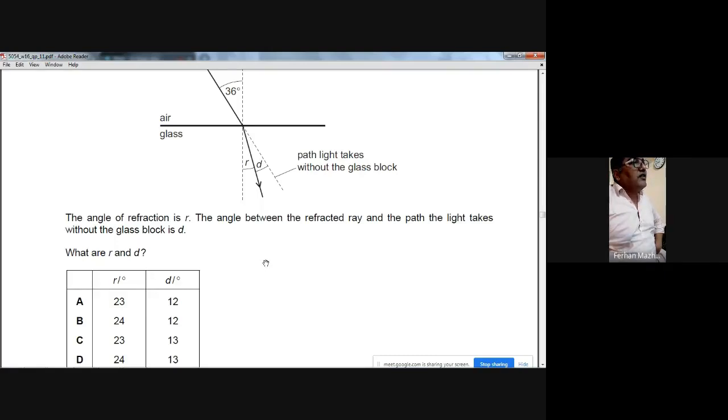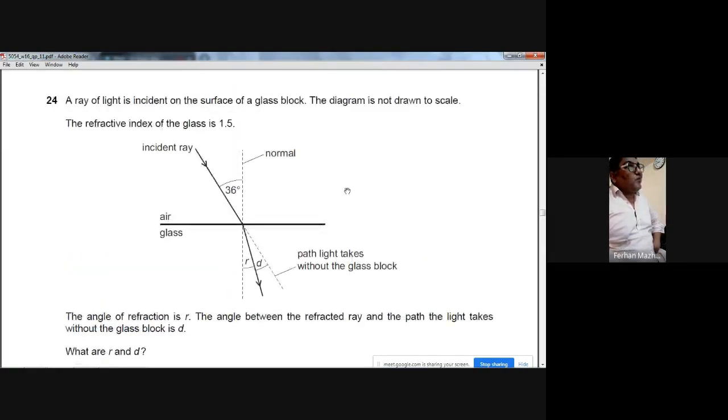Okay. Here you remember that formula, N equals sine I divided by sine R. The value of N is given, 1.5. The I value is also given, 36.